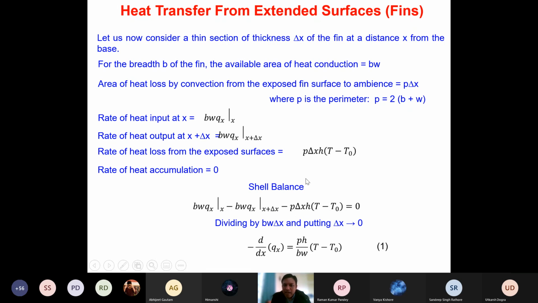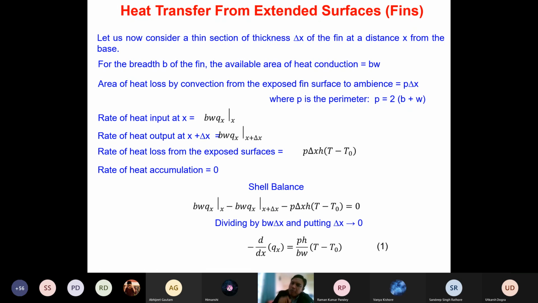And I can divide this entire equation by BW delta X. So if I divide this entire equation by BW delta X and take the P delta X h (T minus T naught) term on the other side, what I'm going to get is minus d by dx of qx equals PH by BW (T minus T naught). Is it clear to everyone? Equation number 1. Yes, sir. Okay.